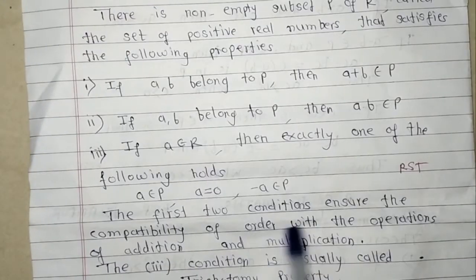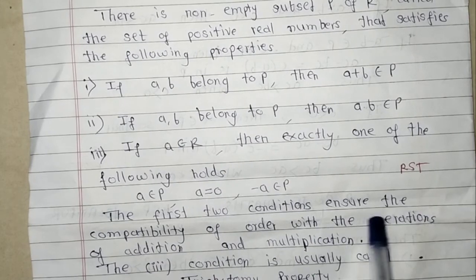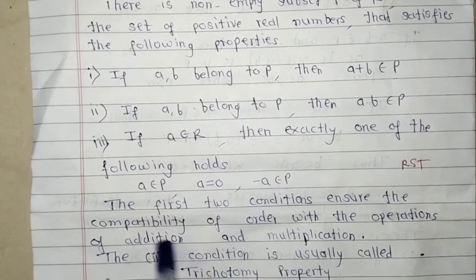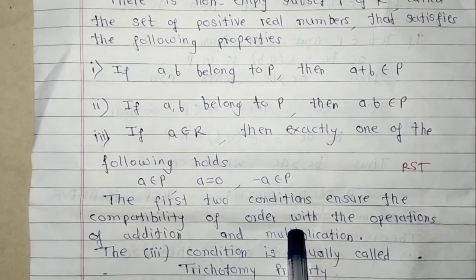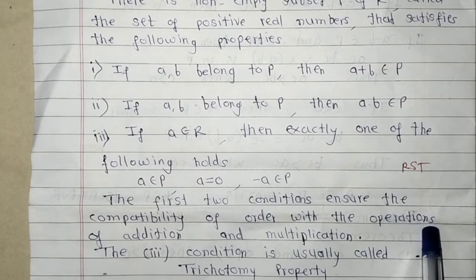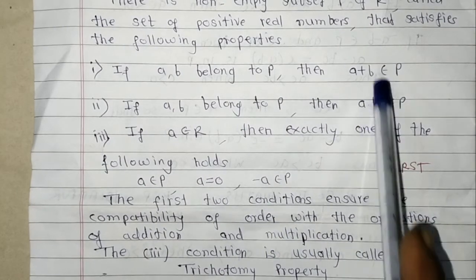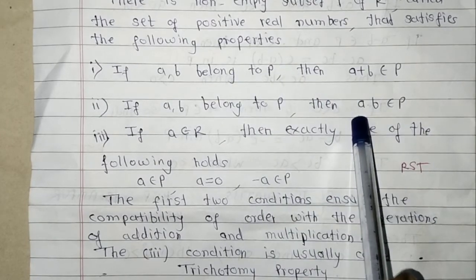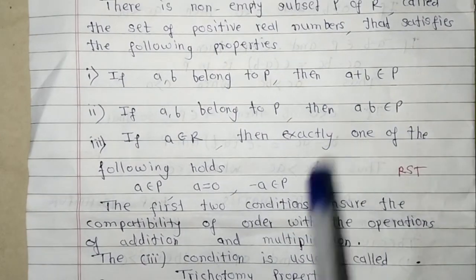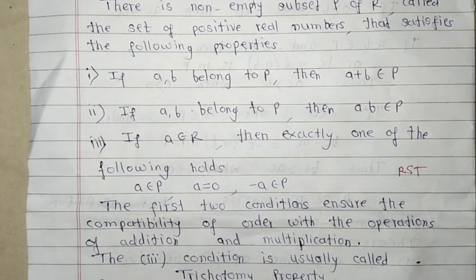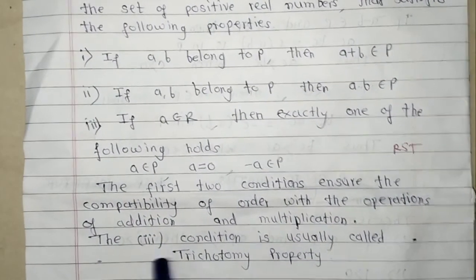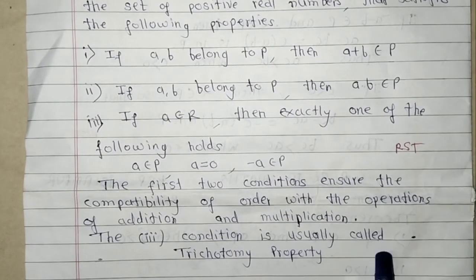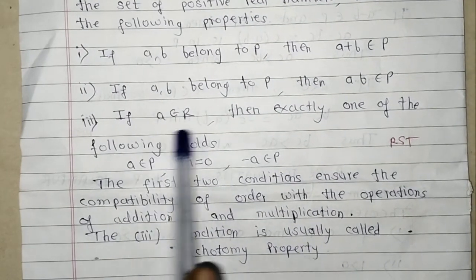The first two conditions ensure the compatibility of order with the operations of addition and multiplication. That means the first property is for addition, the second property is for multiplication. The third condition is usually called the trichotomy property.